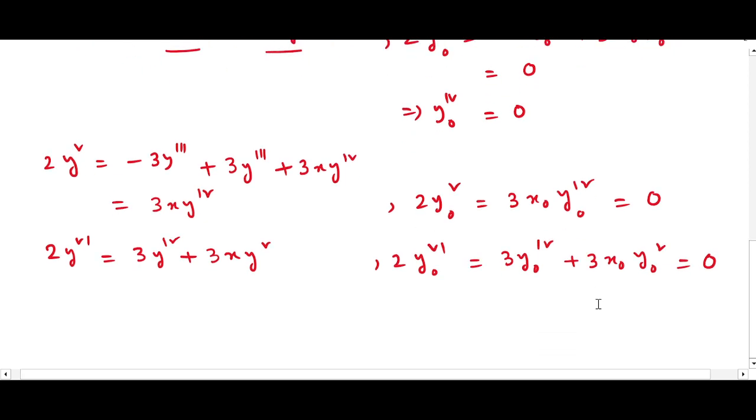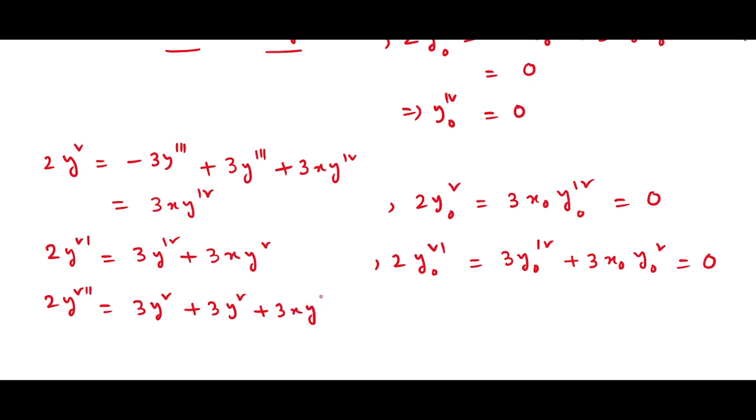Let us find one more, then we'll stop, because if zeros keep coming, it's useless to keep finding them. So it's 3 y5, then 3 y5, 3x y6. So how much is it? 6 y5, 3x y6.